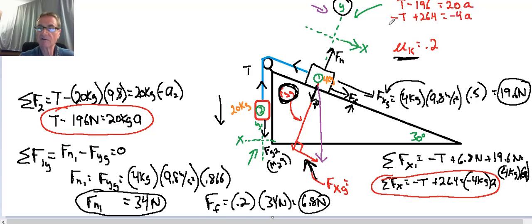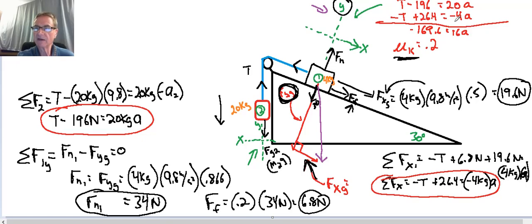Well, nicely enough, if I just add these two equations together, because I've got a T and a minus T, what I end up with is negative 169.6 is equal to, let's see, we have 16a here.